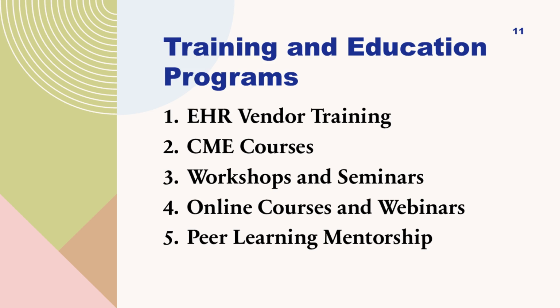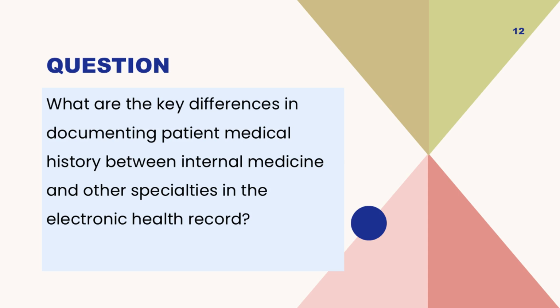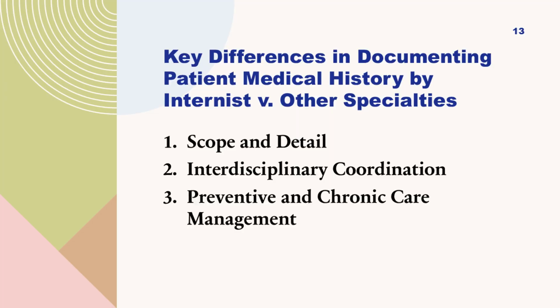What are the key differences in documenting patient medical history between internal medicine and other specialties in the electronic health record? Key differences in documenting patient medical history: 1. Scope and detail. Internal medicine focuses on comprehensive and detailed documentation, covering a wide range of organ systems and complex chronic conditions.